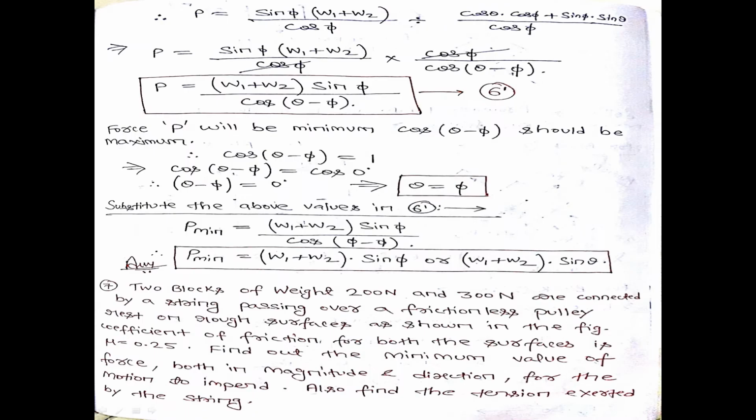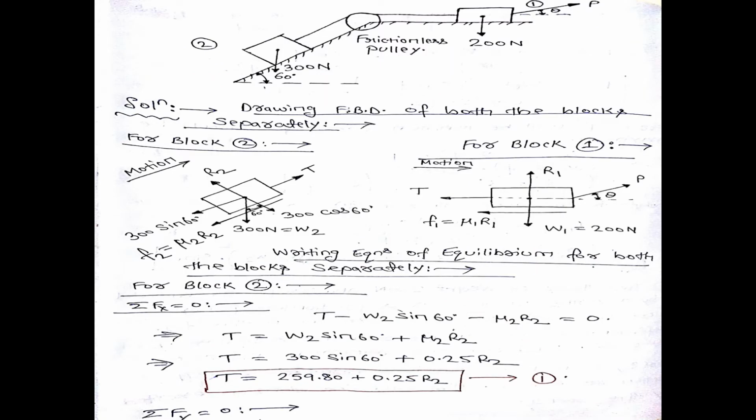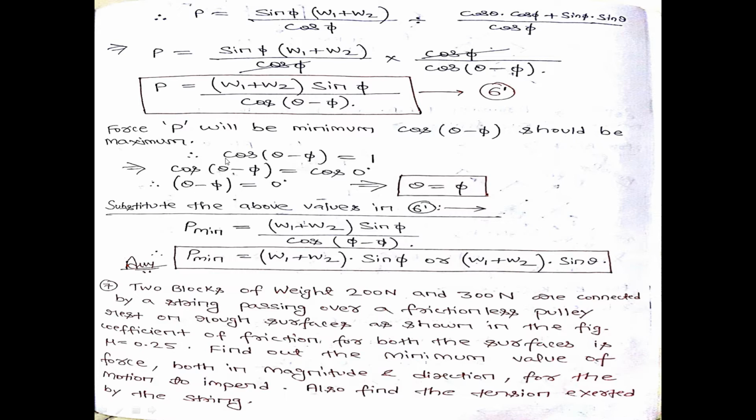The weights of the blocks are given: the weight of the first block is 200 Newton and the weight of the second block is 300 Newton. The coefficient of friction for both surfaces is mu equal to 0.25.